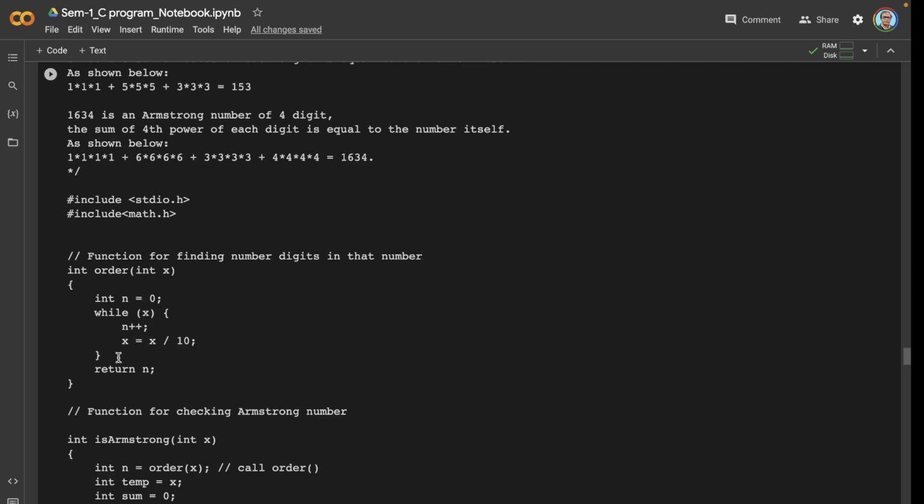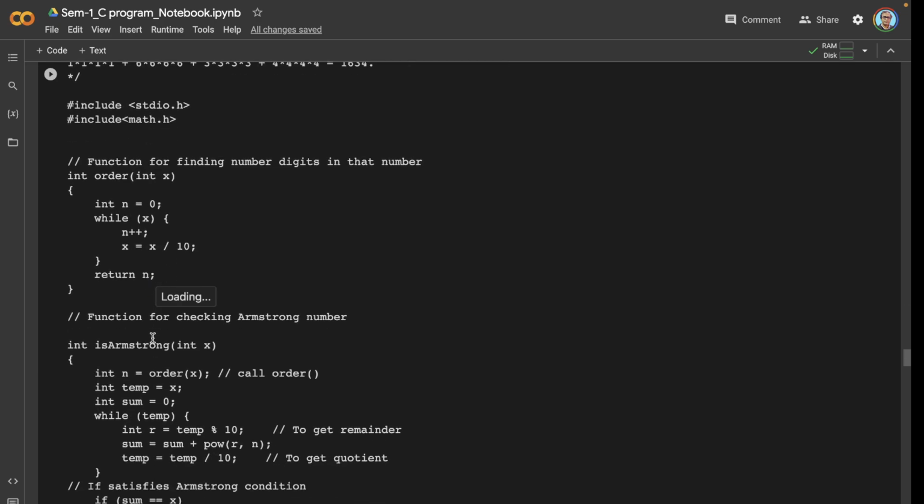First n equals 0, then n equals 1, next x becomes the quotient of x by 10, so 153 divided by 10 gives 15. Then repeat the while loop, n equals 1 to 3, while x is not equal to 0, the loop continues.